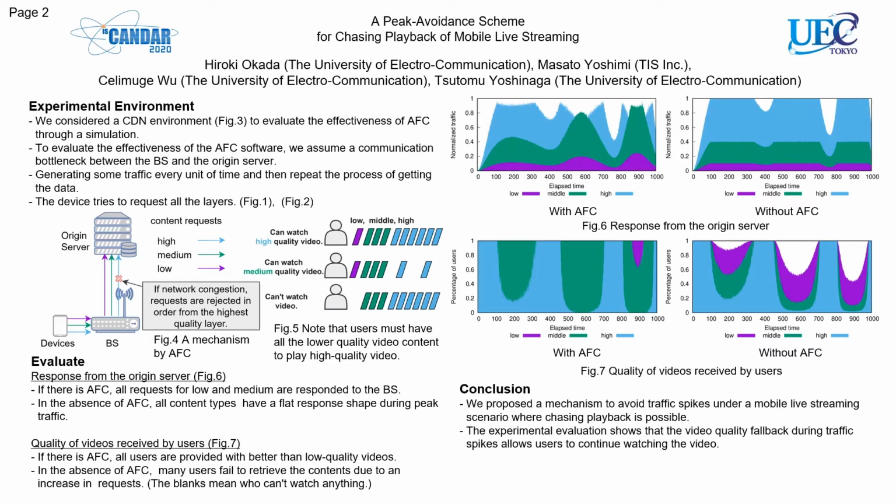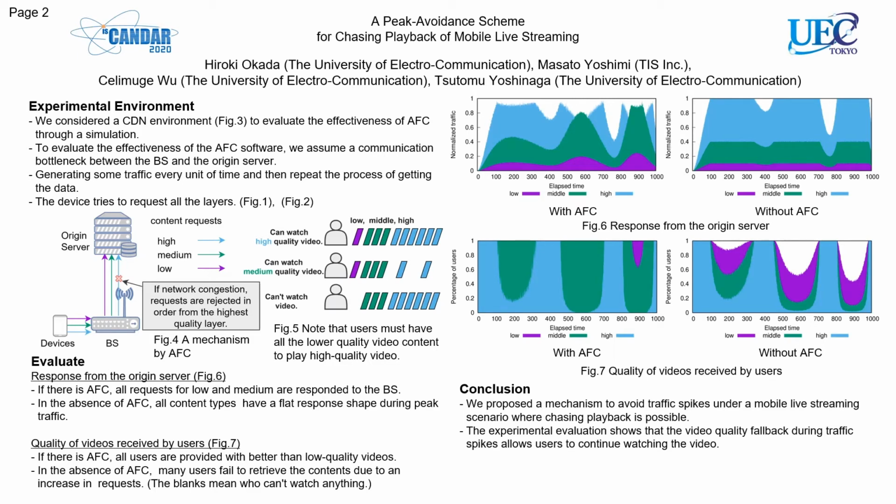All users will also request high-quality data from the base station. Base stations that use AFC discard requests for the high-quality layer, depending on the congestion factor. Users also require low layers to watch high-quality video.